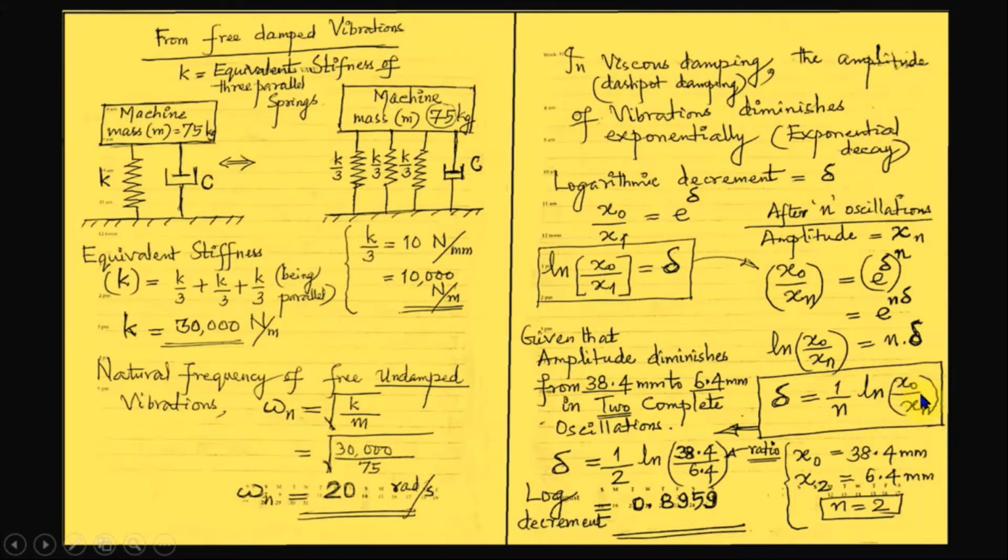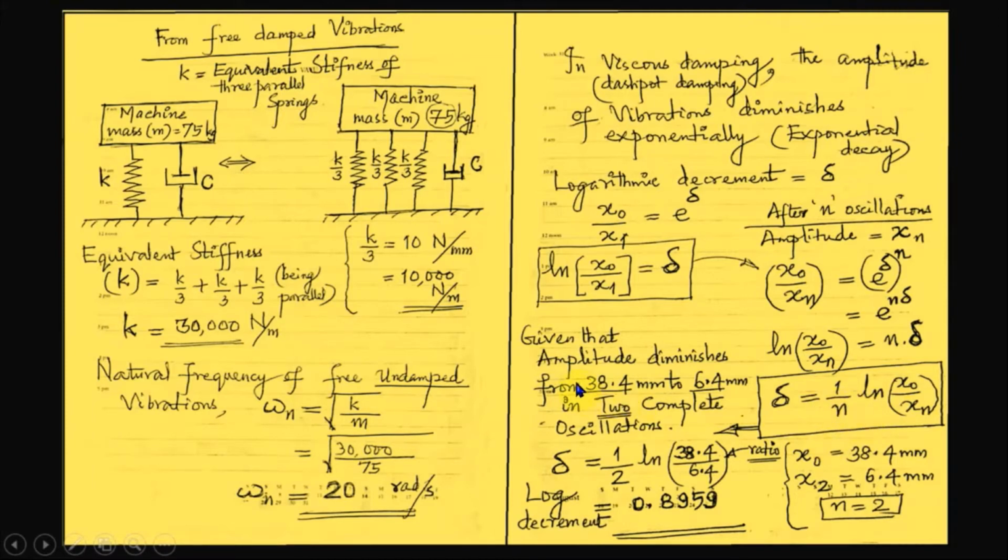So the ratio is x0 by xn and its connection with the logarithmic decrement. So the logarithmic decrement delta is equal to 1 by n into ln x0 by xn, natural log of x0 by xn, where x0 is the initial amplitude and the amplitude reduces to xn after n oscillations.